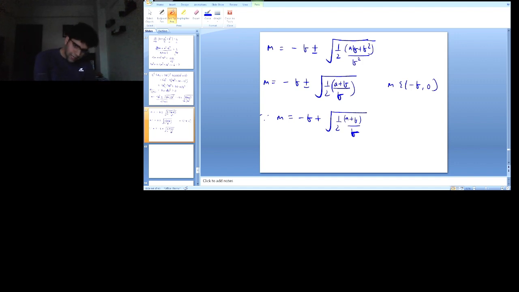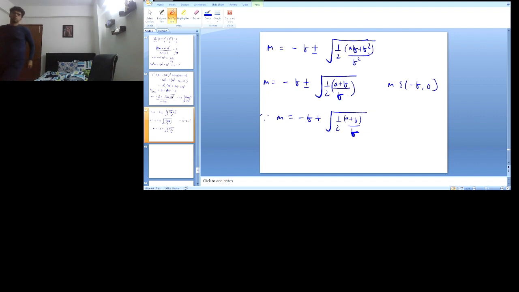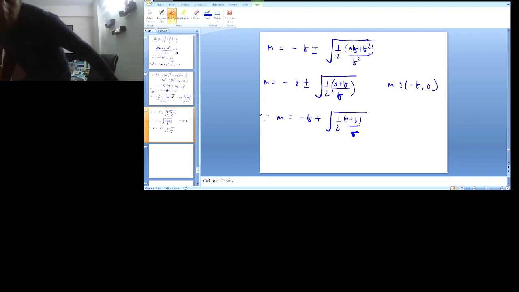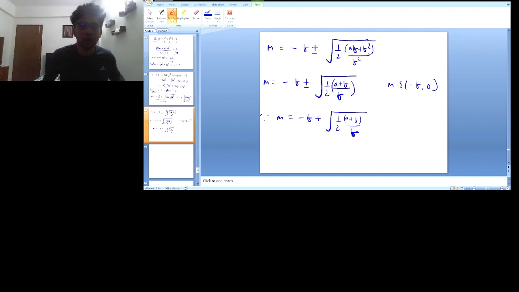This is quite lengthy. Are you able to see me? I don't think so. Let me just switch on my light. So you might be able to see me now. There is some issue related to my lighting.